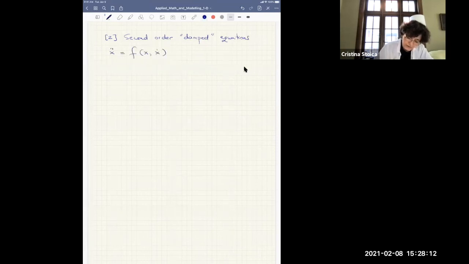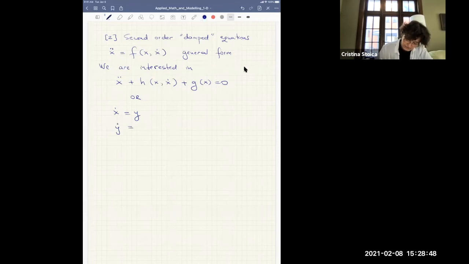This is a general format of a damped equation, a general form: equations of the form x double dot plus h of x, x dot plus g of x equals 0, or x dot equals y, y dot equals minus h of x, y minus g of x.